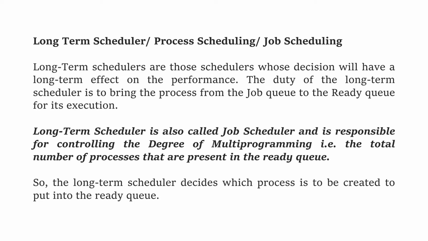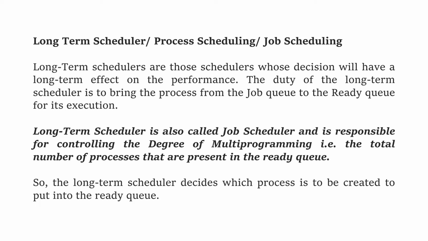The duty of this scheduler is to bring the process from the job queue to the ready queue for its execution. The process usually travels from the job queue to the ready queue for its execution, that we have seen in the previous video. If you have not checked, please check the video on the scheduling queues of the OS.